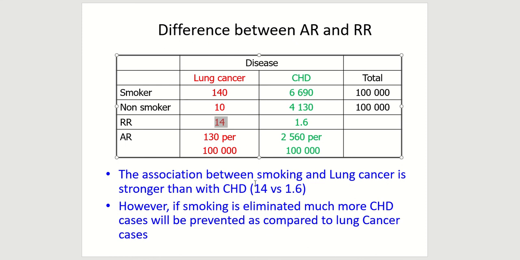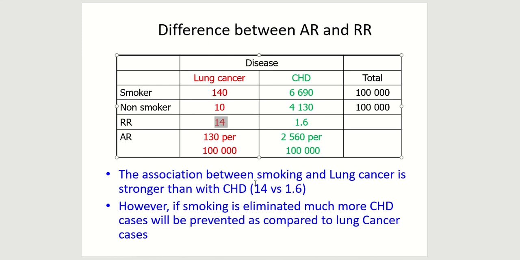However, since lung cancer is a much rarer outcome than CHD, if you look at the attributable risk, you notice that the number of additional cases occurring due to smoking for lung cancer is only 130 cases per 100,000, compared to 2,560 cases per 100,000 for CHD. That means even though the relative risk is much smaller for CHD, the number of cases per 100,000 is much larger.